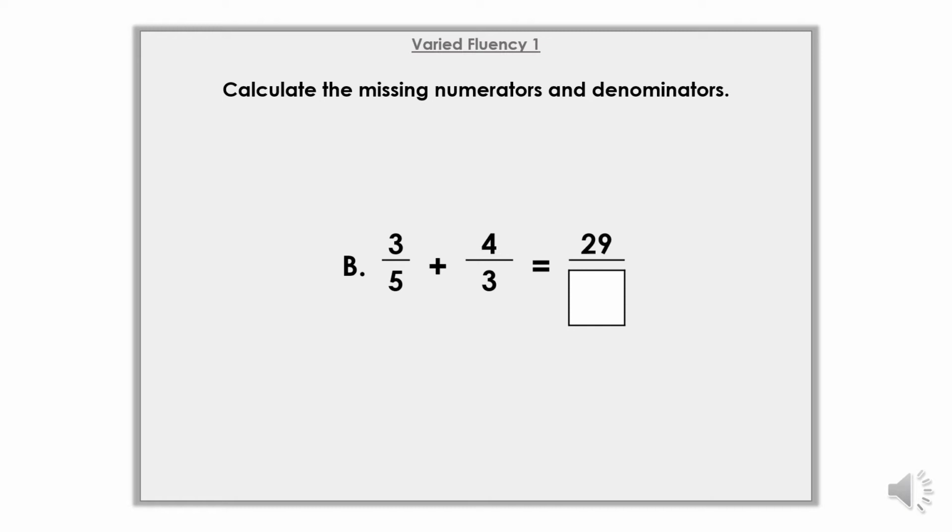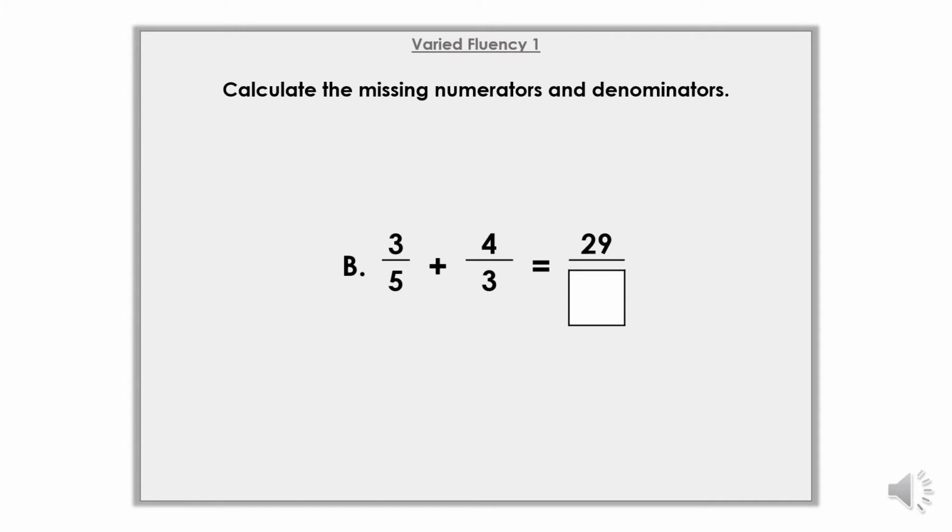So you need to figure out, what did they multiply 5 by in the first fraction? What did they multiply 3 by in the second fraction? You might want to check. So say, for example, you might be thinking, as I am, that they probably have a denominator of 15. So the 5 in the first fraction, they will multiply by 3.